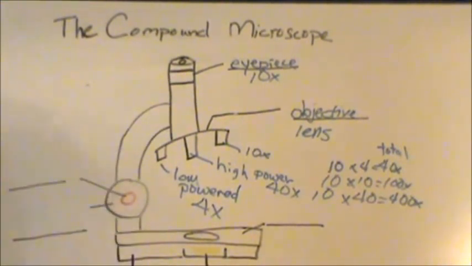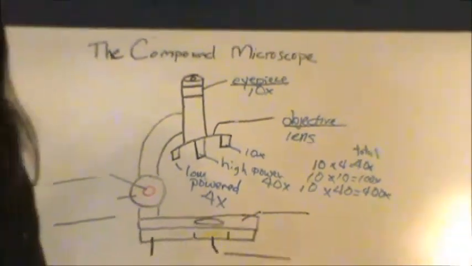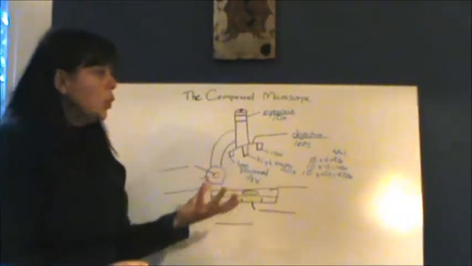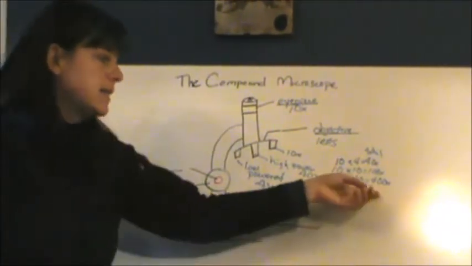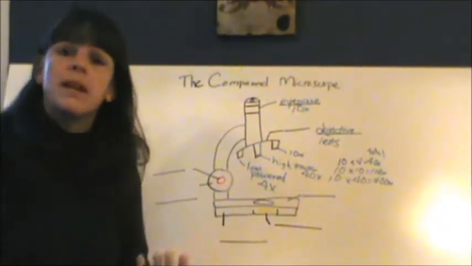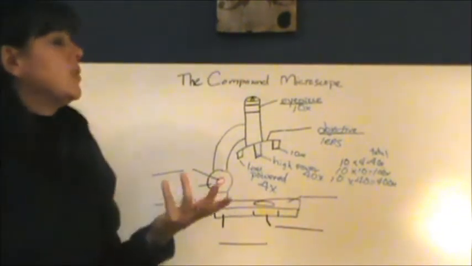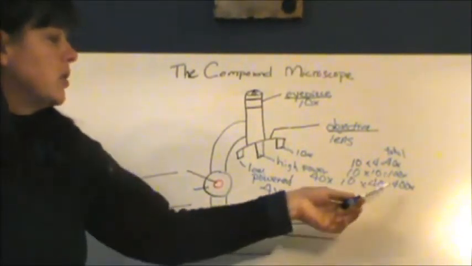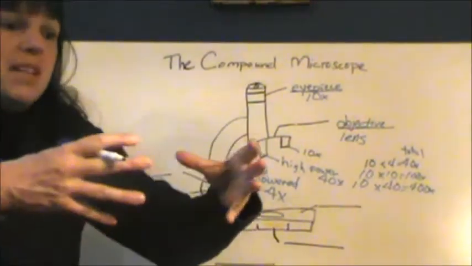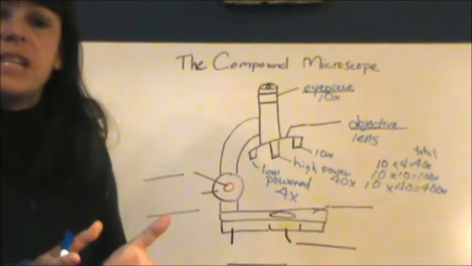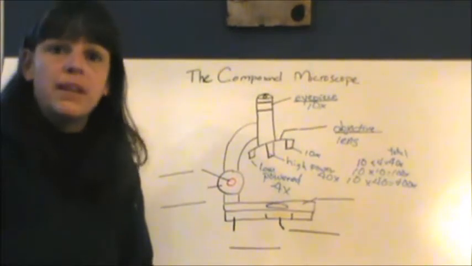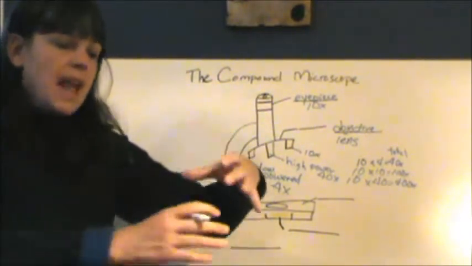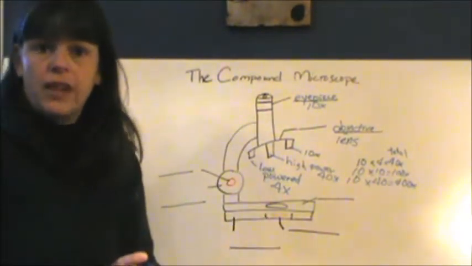If something's a red blood cell, which is the smallest cell in the human body, you want to make sure that you're using the highest level of magnification so you can see the most amount of detail there. If you're seeing something larger, you may not need to go to the 400 times, because that might fill up the entire area that you're seeing, and you may have no ability to really see the outline of the object you're looking at.